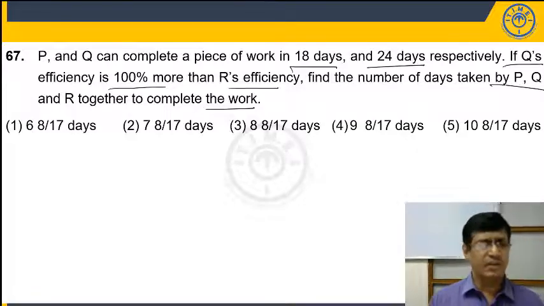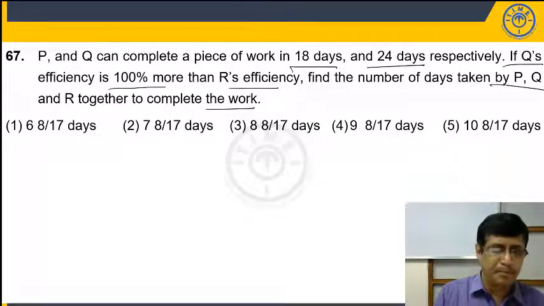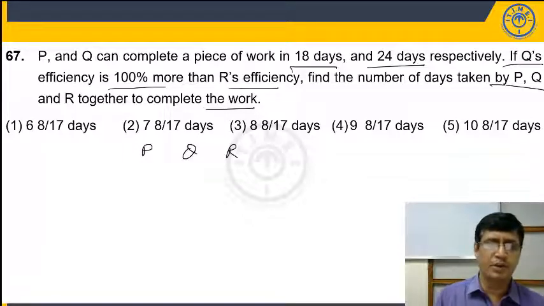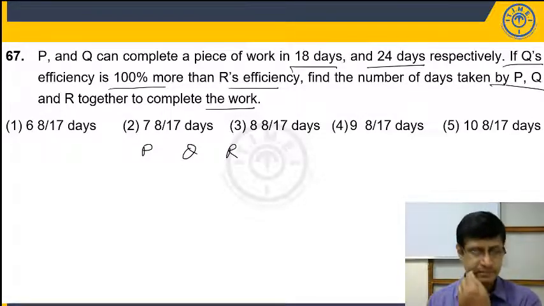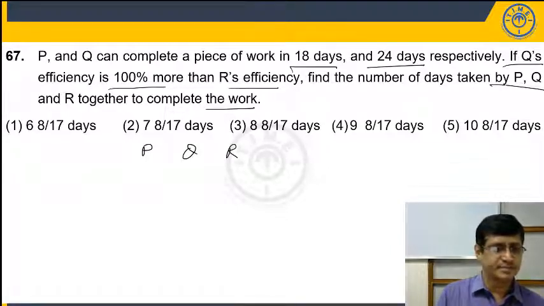Okay. Now what is the simple discussion here? Efficiency, if you observe, P, Q and R. So P and Q are taking how many days? 18 and 24 days. Okay.